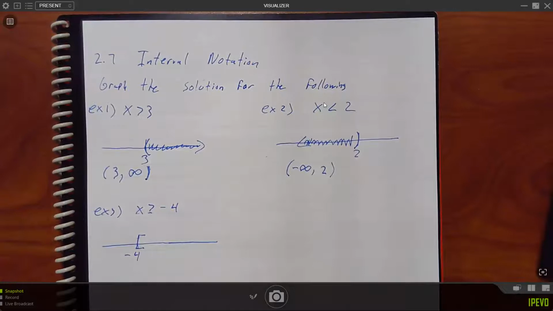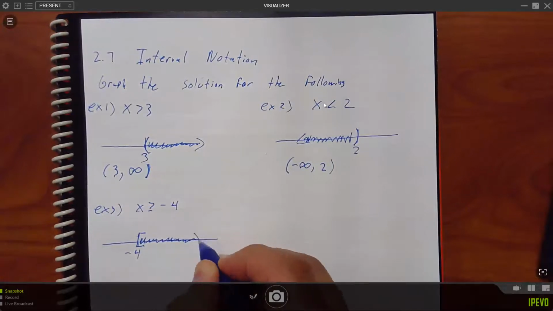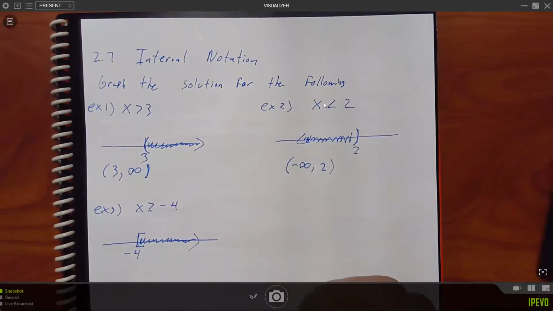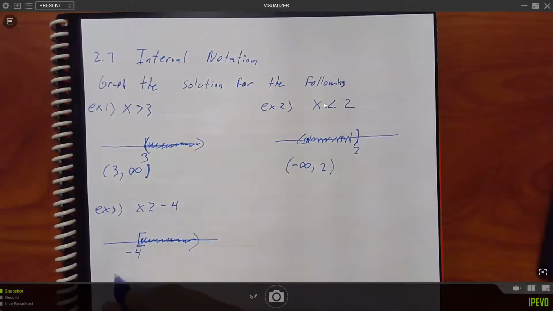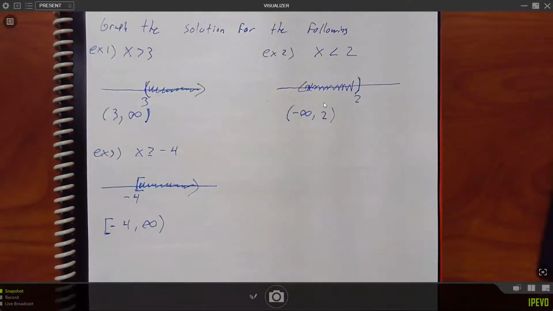So I'm starting right on -4, then I keep going to the right, this way. So the interval notation would be starting at -4, and then I keep going. That making sense?